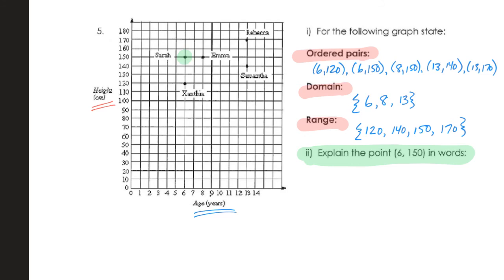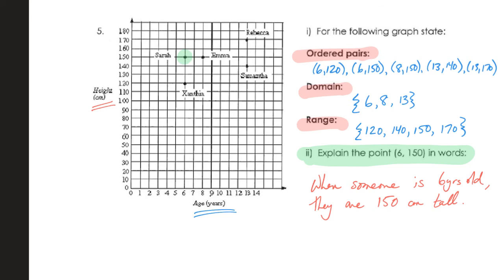Maybe we write: when someone, because it doesn't say that I'm talking about Sarah, when someone is 6 years old, because that would be their age on the horizontal axis, they are 150 centimeters tall.